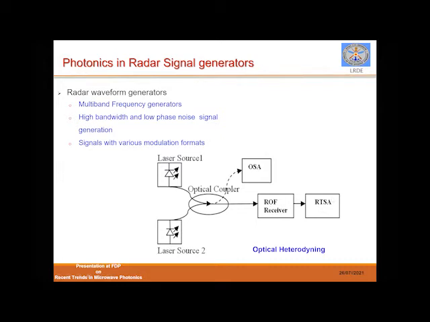This same principle helps us extend to a higher bandwidth and obtain a low phase noise signal. Anyway, I will explain more with my results. With various modulation formats, this signal generation method helps not only with carrier signal generation; we can also generate modulated signals. Any kind of modulated signal can be generated using this.